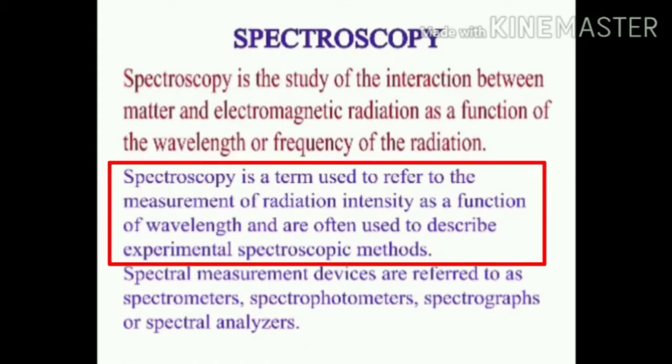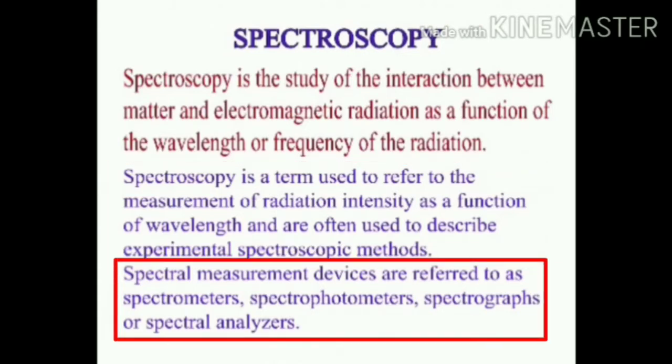Molecular spectroscopy actually refers to the measurement of radiation intensity as a function of wavelength in some specific spectroscopic methods. Generally, an electromagnetic radiation is allowed to interact with a substance or matter, and the transmitted or absorbed radiation is studied, from which we get various information about the substance.